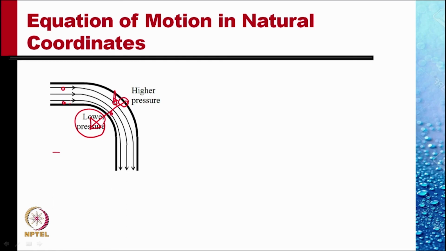So the streamlines would be closer near the inside of the bend and farther apart on the outside of the bend. So the streamlines shown make sense. They're farther apart at the outside of the bend and closer together at the inside of the bend.